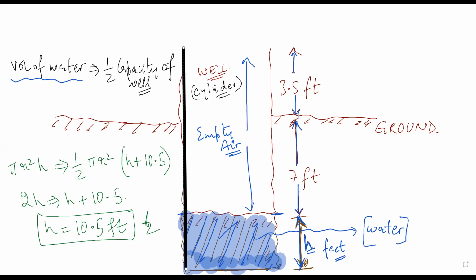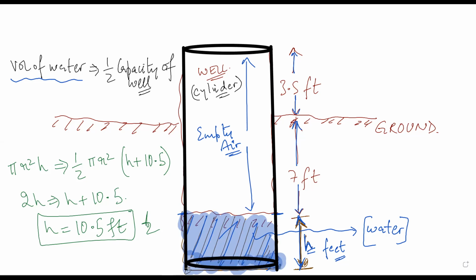So this whole would be the capacity of the well. Satya, have you understood? Yes, sir. So the well is a cylinder, so it looks like this. So approximately this is how the well would look like.